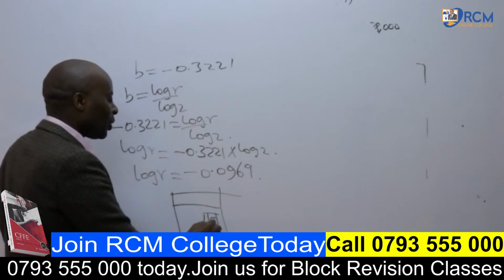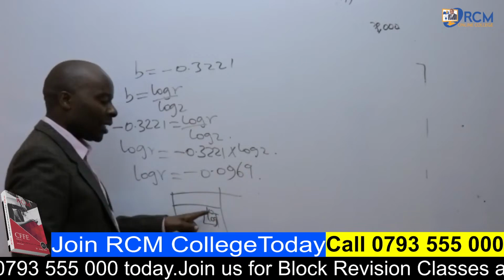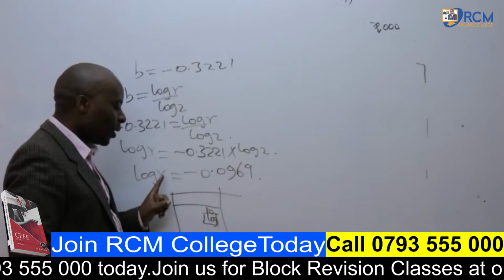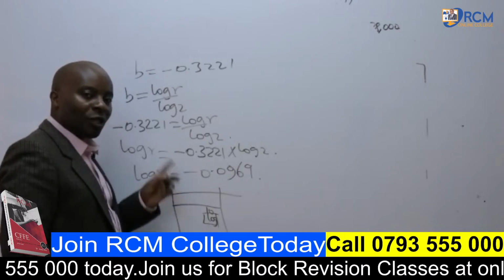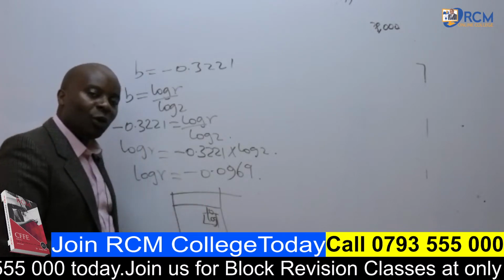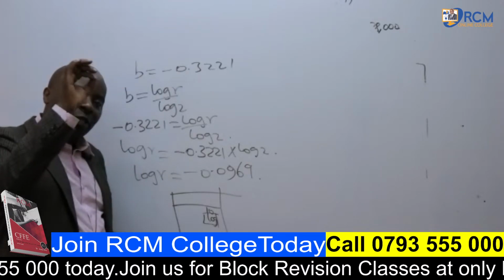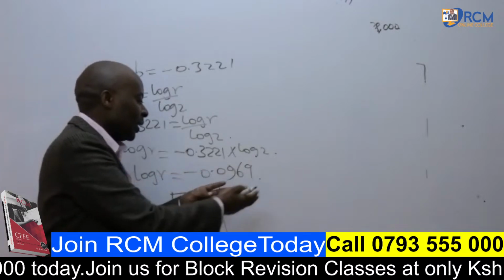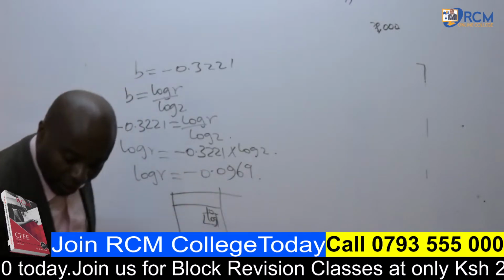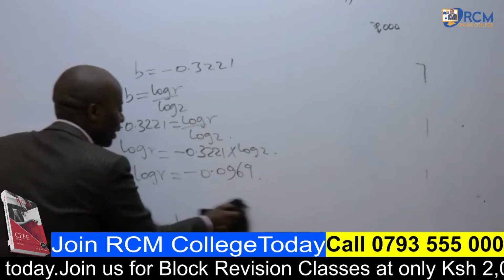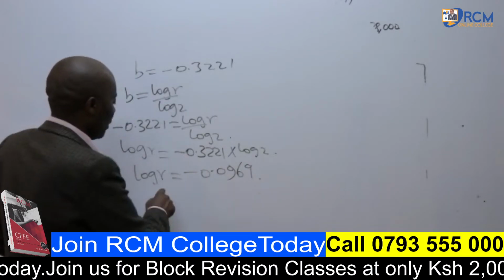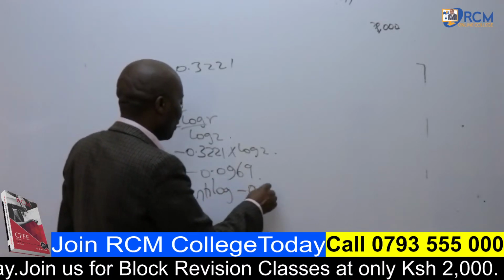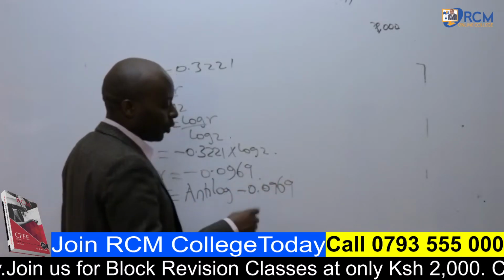There is a very minute 10 up there. So the opposite of log, you'll press shift log. Once you press shift log, you will see a very small 10 displayed on your calculator. Don't raise again. So R will be equal to the anti-log of negative 0.0969. And then of course you say equals.